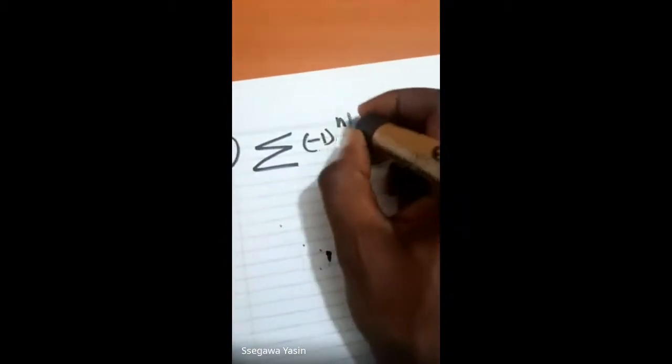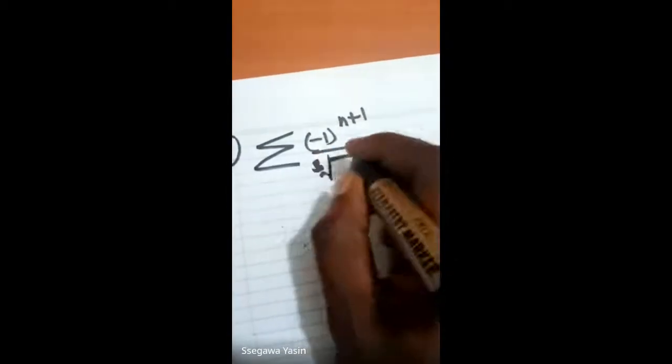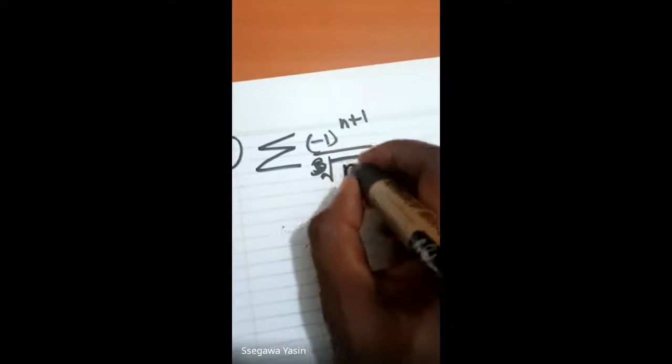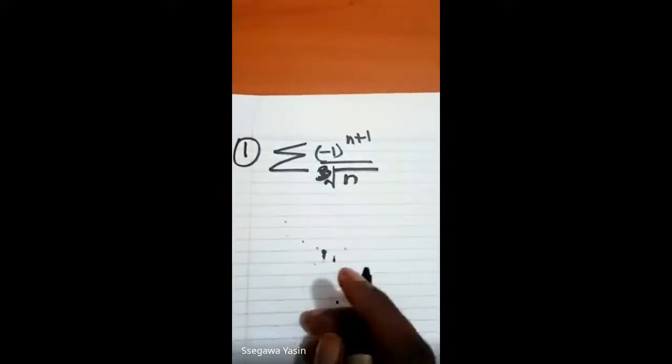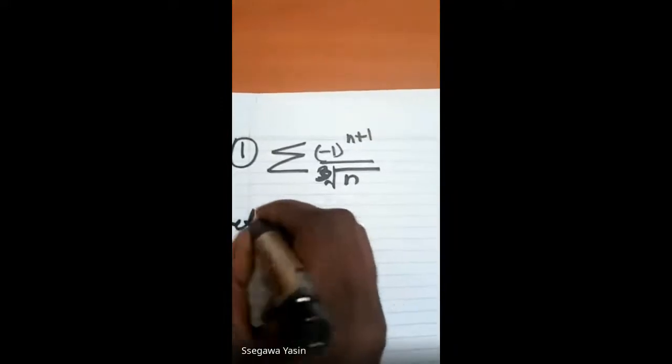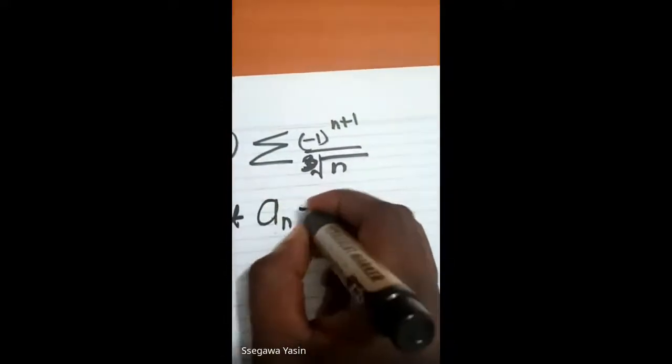this is the -1 to the n plus 1 over cube root n. So we said you pick a sequence. This is n equals to, you pick.